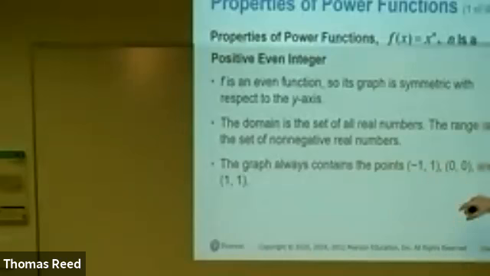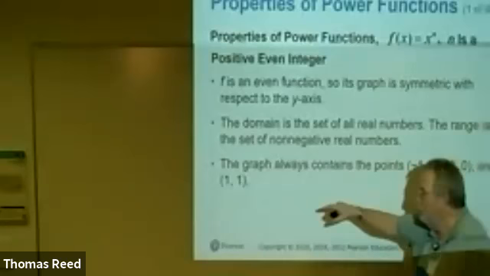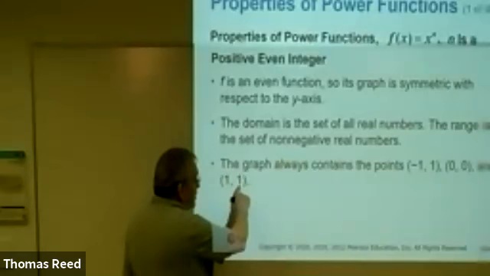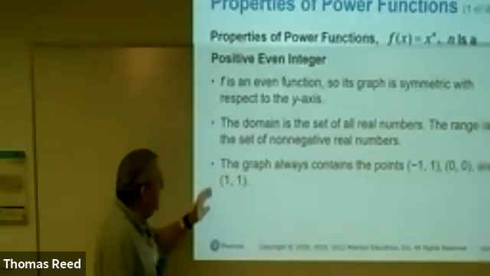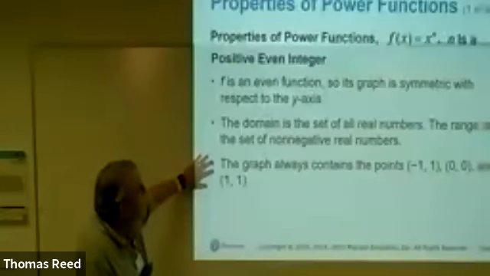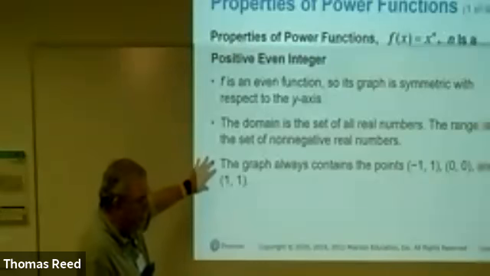Right? 0 to any power is going to be 0, and 1 to any power is going to be 1. So these 3 points will be on the graph of an even powered power function, or an even degree power function.